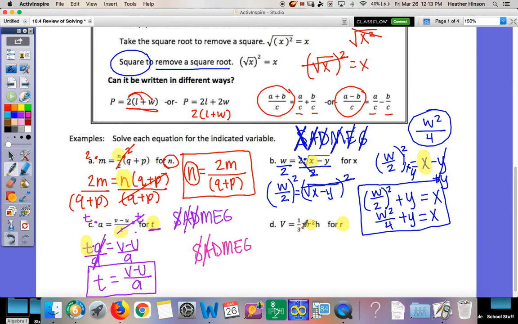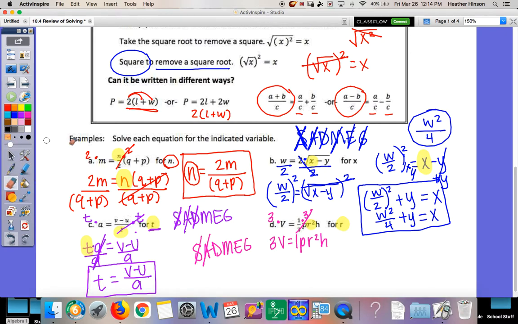Yes. Fractions are just division. This is 1 divided by 3. So how do we get rid of that? We multiply by the denominator. So multiply out a 3 to the other side. So 3v. You can bring down that 1 pi r squared h.